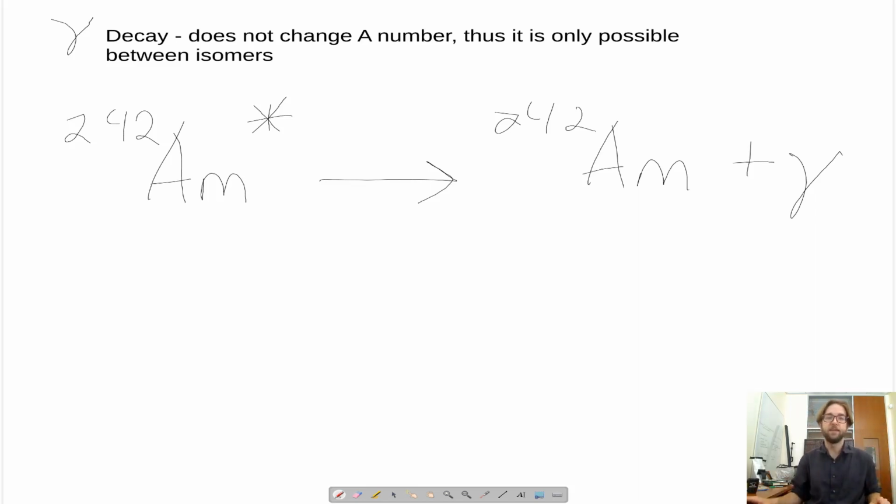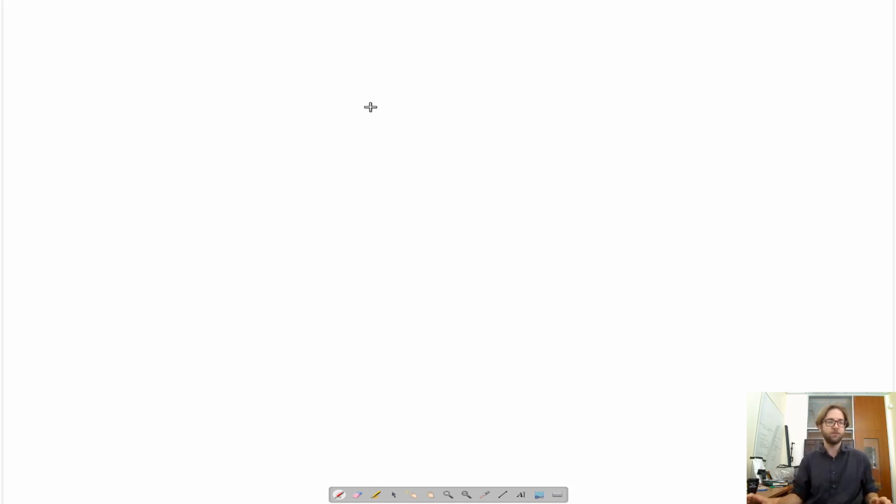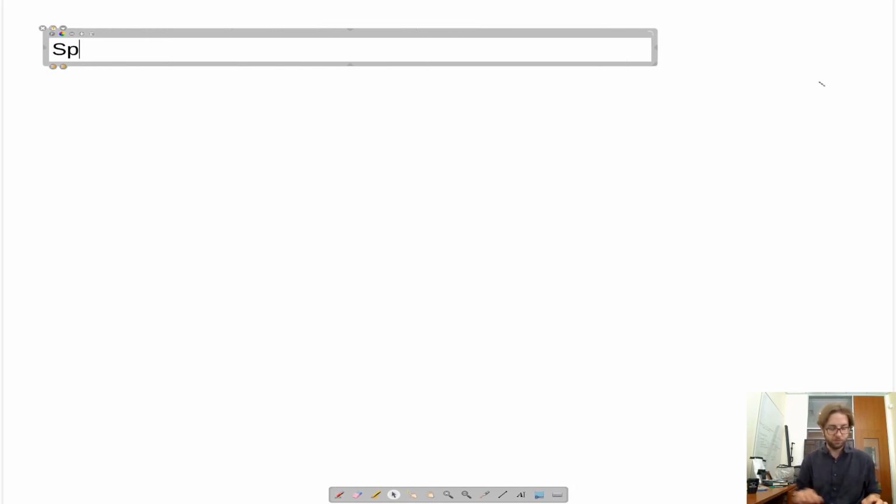All right. So, additionally, or lastly, in terms of the decay modes that we'll be talking about today, there is what we call spontaneous fission. Okay, so this is when a nucleus just completely breaks apart.